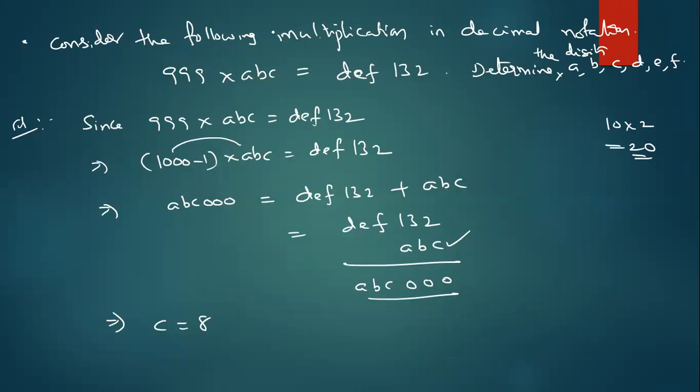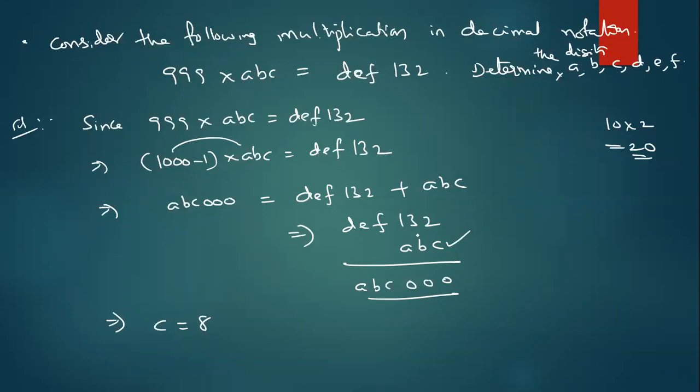How is DEF132 plus ABC equal to ABC000? I am writing this symbolically. C is 8. So 2 plus 8 is 10, still one balance is there.